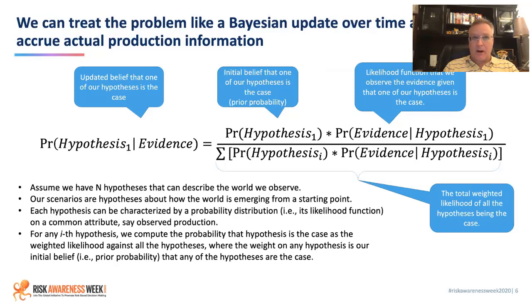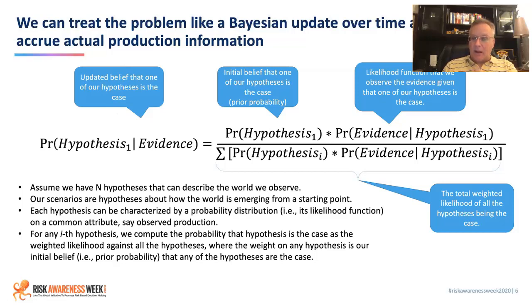Maybe we have some prior understanding about things that isn't necessarily easy to measure directly, that would give us a belief that one hypothesis is more likely than the other. So we would weight our evidential measurement of probability with this prior probability, and then renormalize the result based on the total probability of all the hypotheses at that measured state, or that measured attribute. That gives us what we call the updated belief, or the posterior probability, on the basis of a measurement.